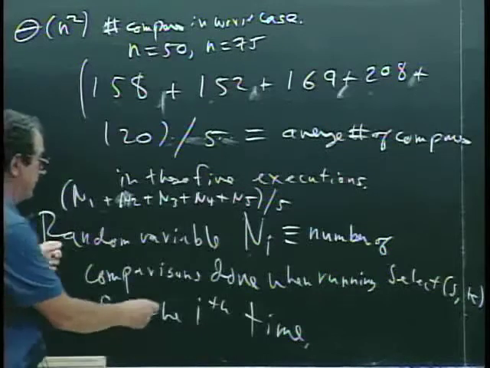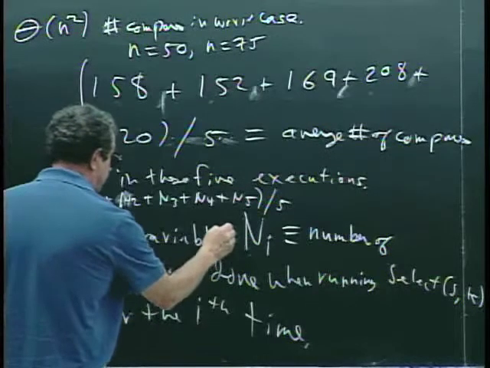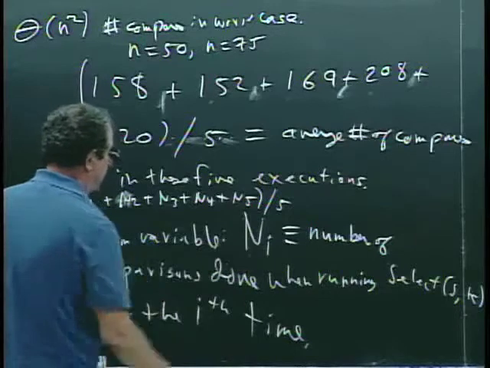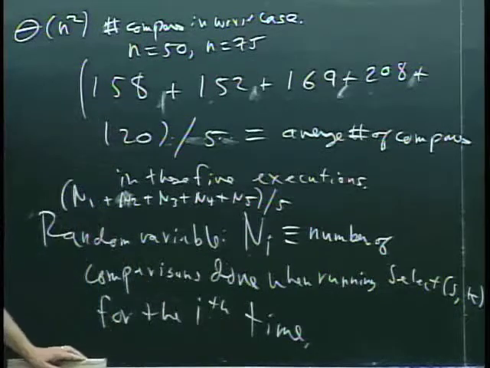But I have this other phrase here, random variable. Ni is what's called a random variable, because it's a variable that takes on a value, where its value comes from something that has a random component in it. Some source of randomness is in there in assigning its value.